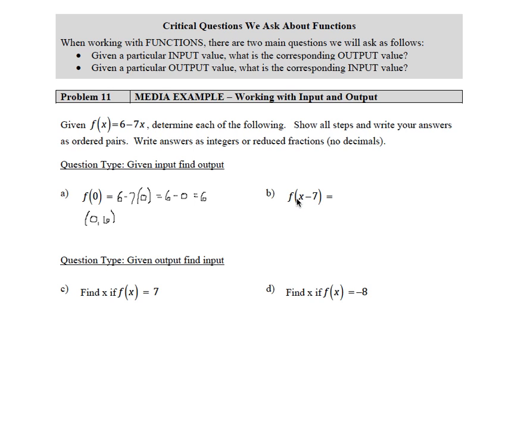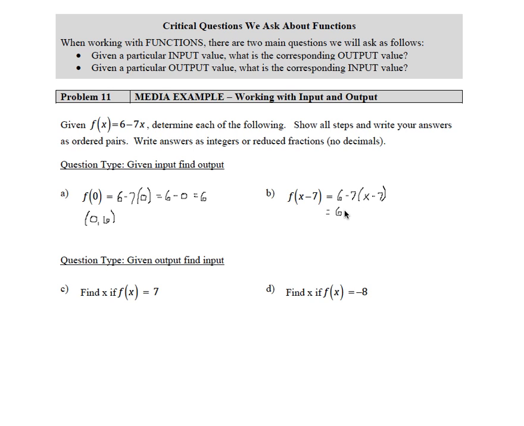Second part, B, f of x minus 7. Again, this is also given input, find output. So I'm going to replace every instance of the input variable x with x minus 7, and that's what I'm doing here. It looks very strange, but if you keep in mind what's happening to the input, it's 6 minus 7 times the input, then it doesn't matter what the input is, you just replace 7 times whatever the input is, and then make your simplification.